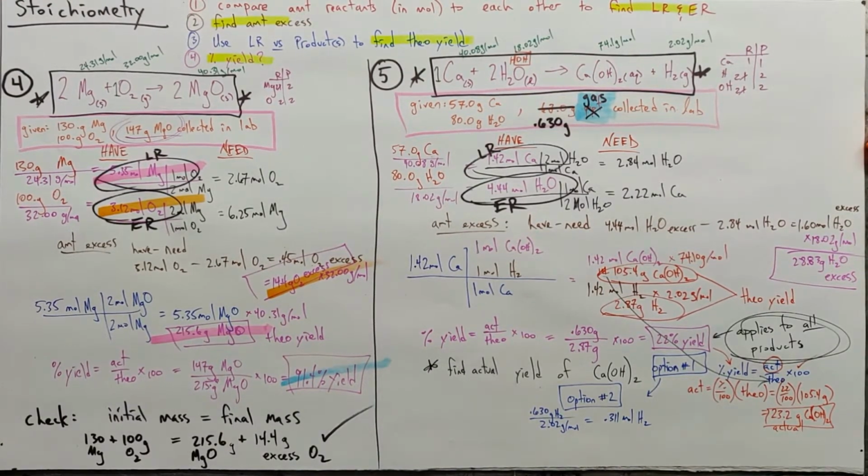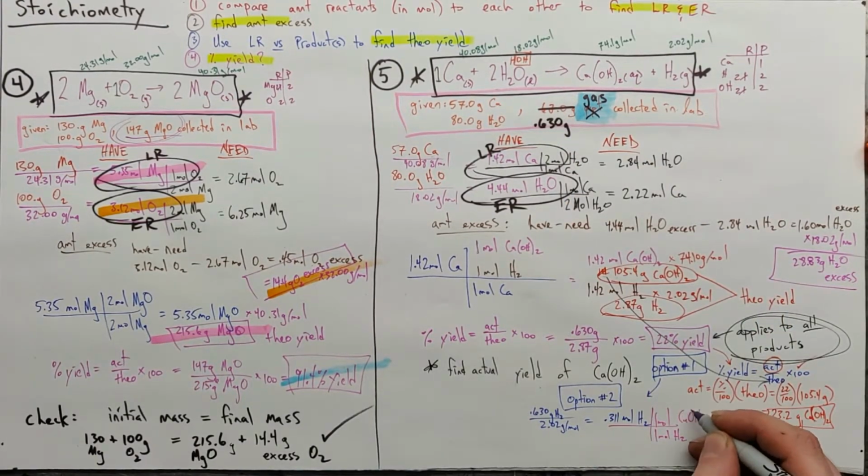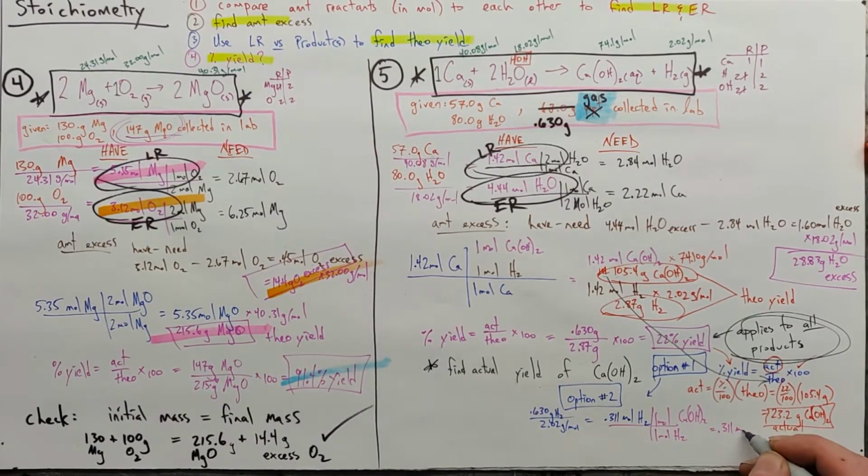And the reason we care is because for every 1 mole of hydrogen, there's 1 mole of calcium hydroxide. So we end up with 0.311 moles of calcium hydroxide. We're not there yet, but we're pretty close.